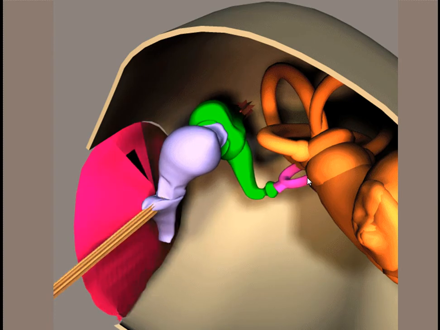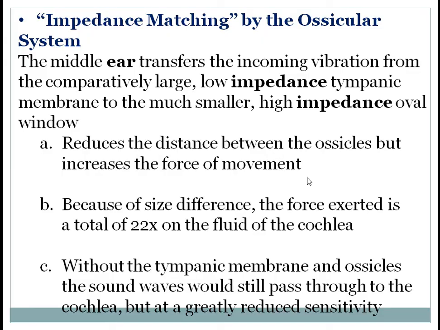How does this happen? This is called impedance matching. That is, the middle ear transfers the incoming vibration from the comparatively large low impedance tympanic membrane to the much smaller high impedance oval window.